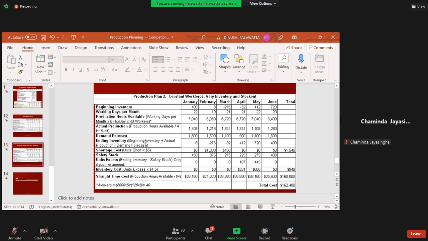And then for ending inventory, we have beginning inventory 400 plus actual production of 1,408. So 1,408 plus 400, you get 1,808.